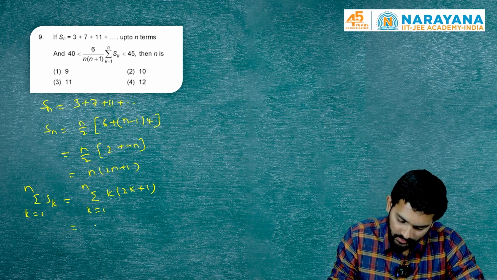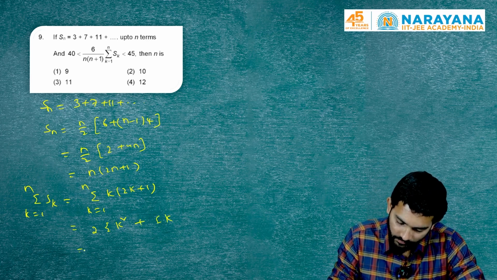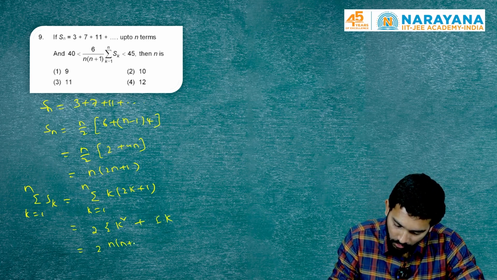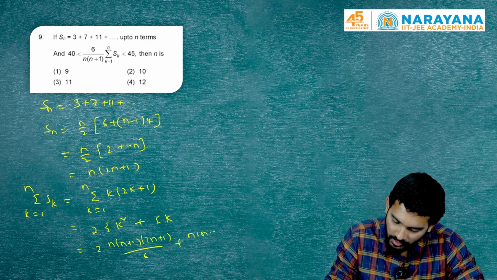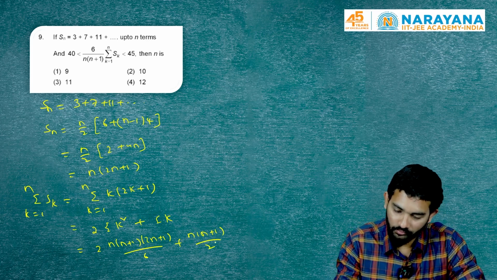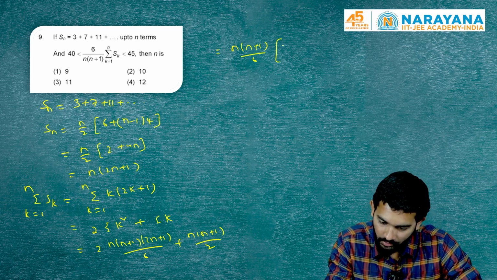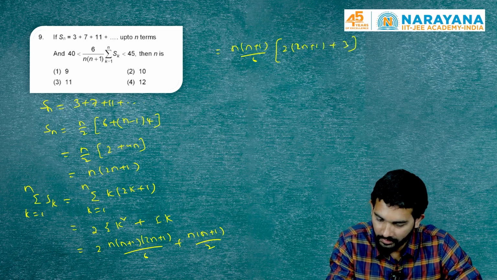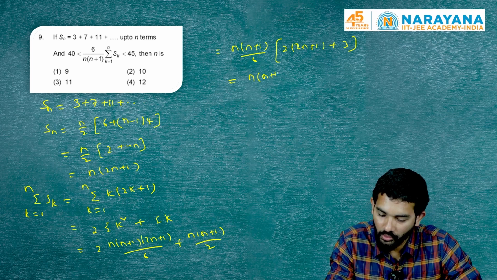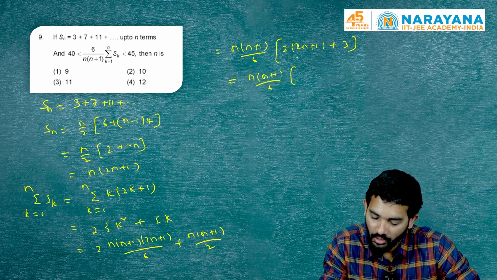So this can be written as 2 times sigma k square plus sigma k, which is 2 times of n into n plus 1 into 2n plus 1 by 6 plus n into n plus 1 by 2. So if I take n into n plus 1 by 6 common, I'll get 2 times of 2n plus 1 plus 3, which will be n into n plus 1 by 6 into 4n plus 5.